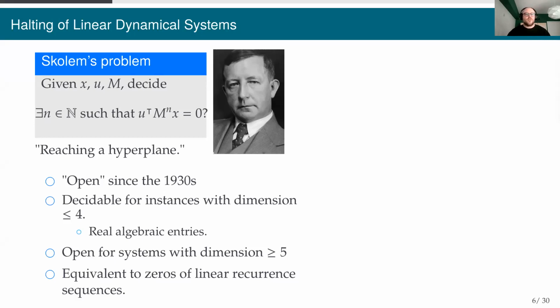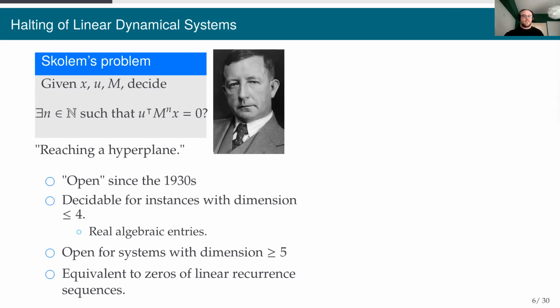Skolem's problem can be formulated as reachability of a hyperplane. You have your initial point x, you have an update matrix M, and you want to know if you hit the hyperplane defined by u. This has been an open problem since the 30s, if you allow these kinds of algorithmic problems to be stated in a meaningful way back then.